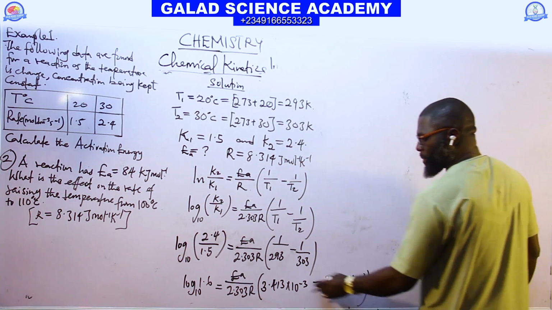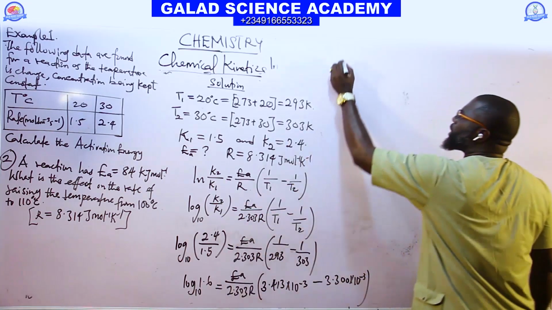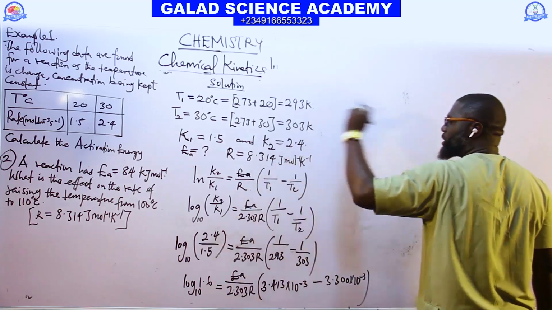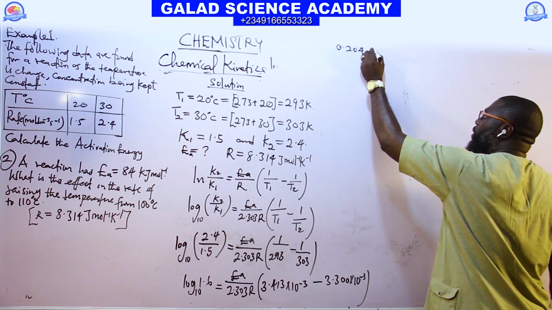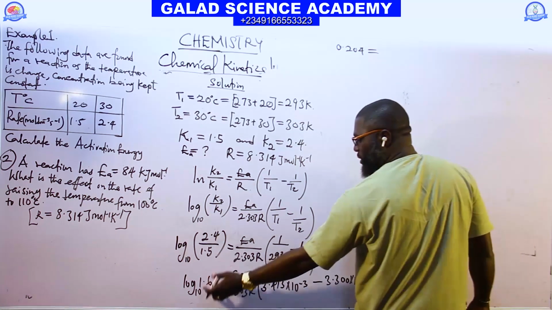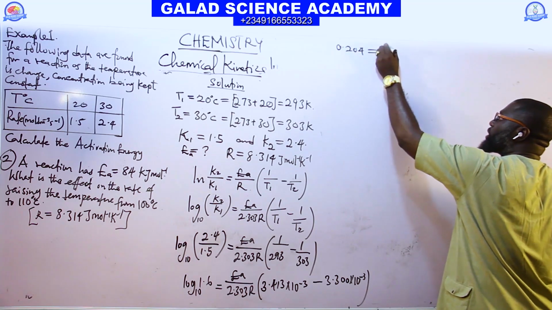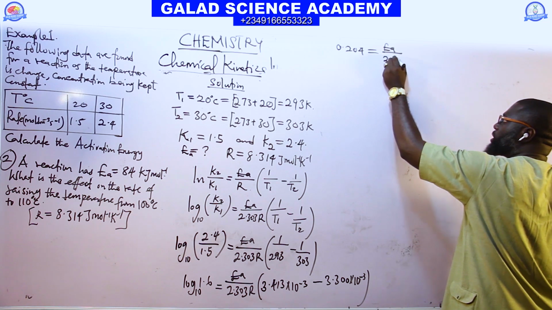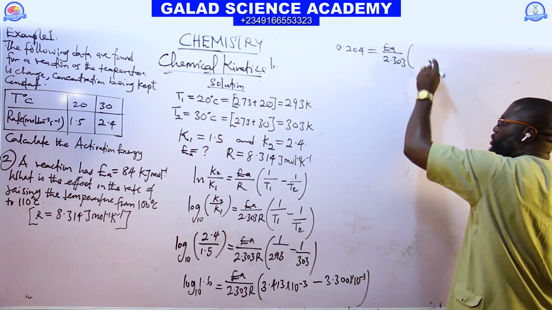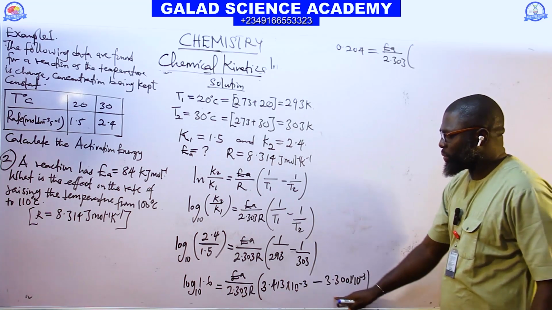Let us put the logarithm of 1.6. The logarithm of 1.6 base 10 is supposed to be 0.204. So 0.204 equals activation energy Ea over 2.303 R, and we subtract this one from this.